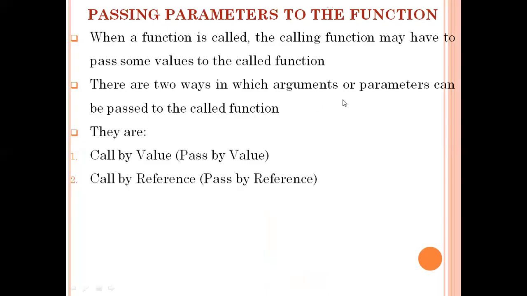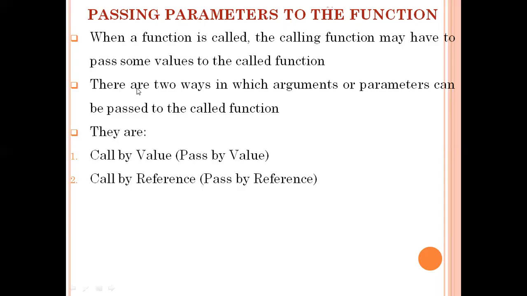Next, passing parameters to the function. In the last portion itself, we have seen that when a function is called, the calling function may or may not pass some values or parameters or arguments to the called function. It is not necessary. But if the calling function wants, it can pass some values to the called function, which is also allowable in the C programming language.